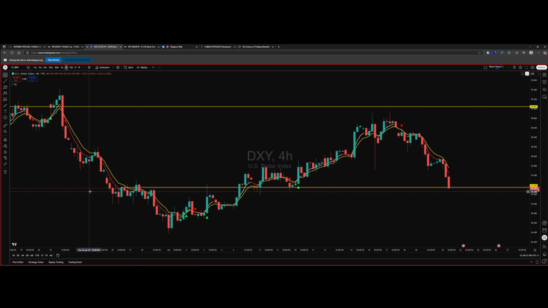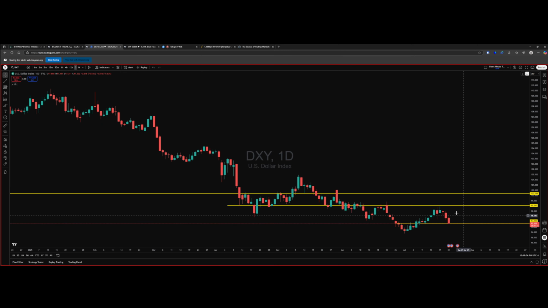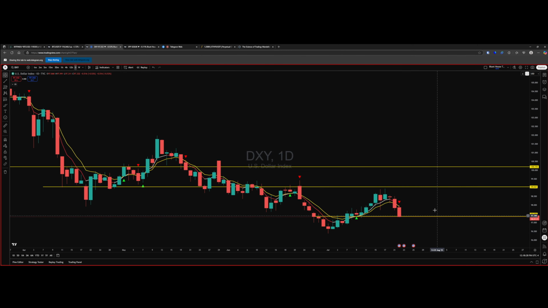And our 4-hour chart shows us when that was: the 17th of July. Today is the 22nd. Long before we get our confirmation, which is looking like a confirmation of a sell signal on our daily chart.